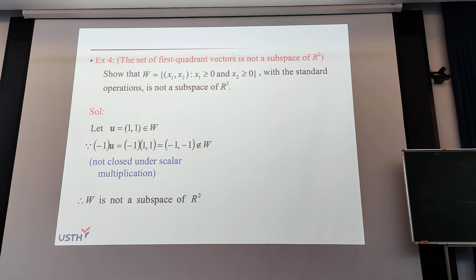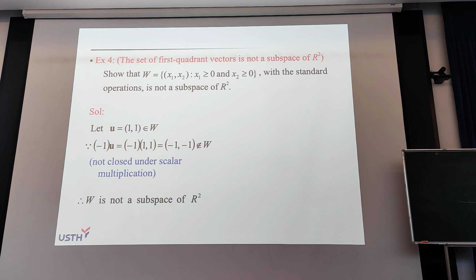So let me explain to you. I consider W to be that, and if you remember, what does it mean? That is a subset inside the coordinate plane, and W is exactly that part of the plane, and it is not a subspace. Why is that?